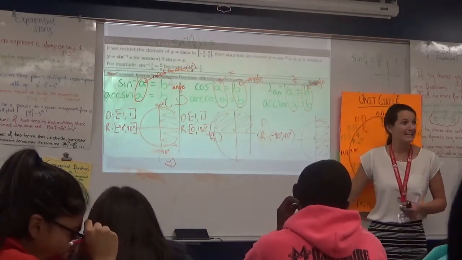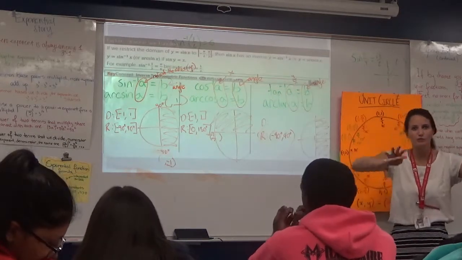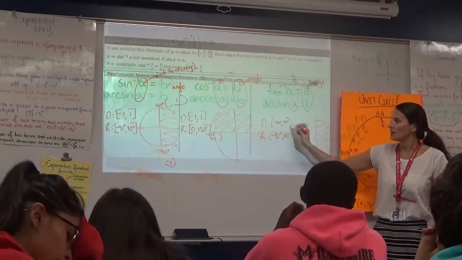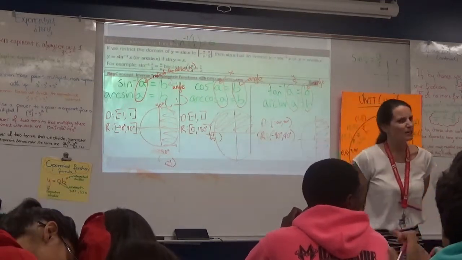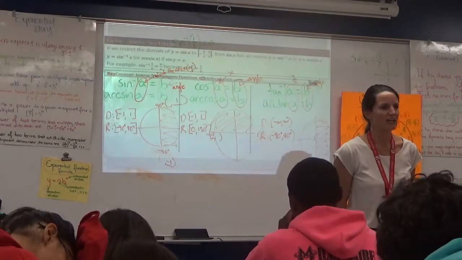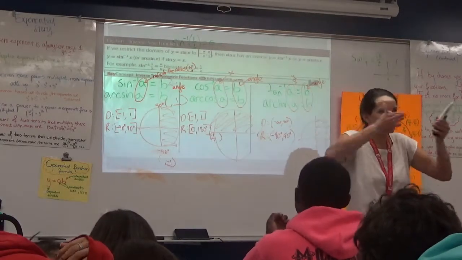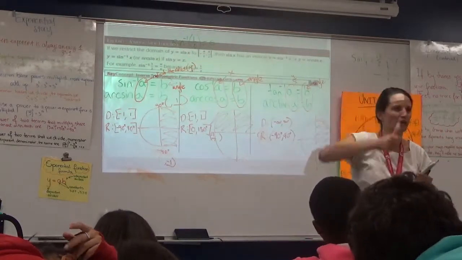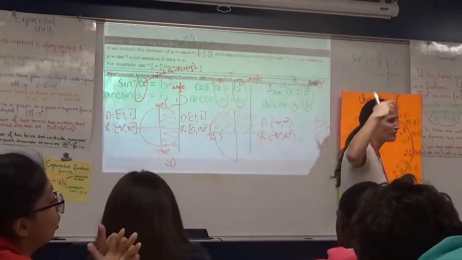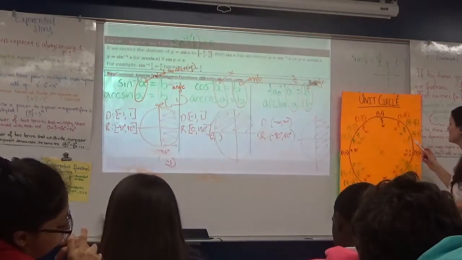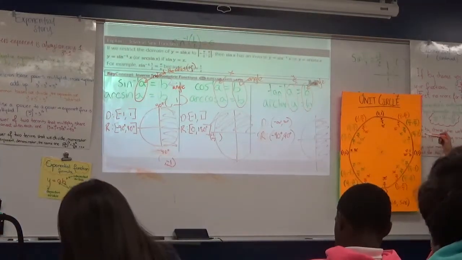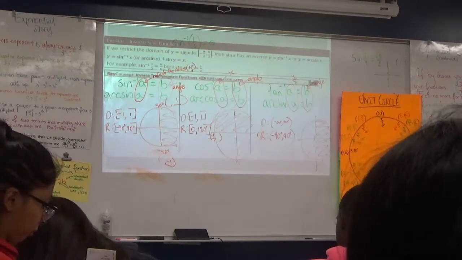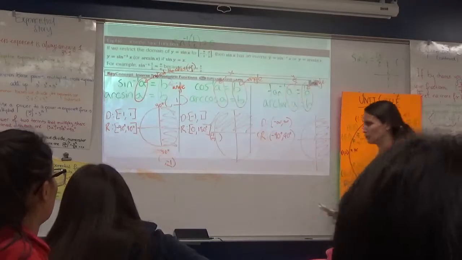And then domain. This domain is actually going to be negative infinity to infinity, because it's not restricted by the radius of our circle, because it's not x or y. X goes out 1 backwards and forward, y goes up 1 forwards. But if we're dividing y by x, like if you divide square root 3 over 2 by a half, you get the square root of 3, which is bigger than 1. When you start dividing fractions, you can get numbers bigger than 1, so we open up a whole bucket of new answers.